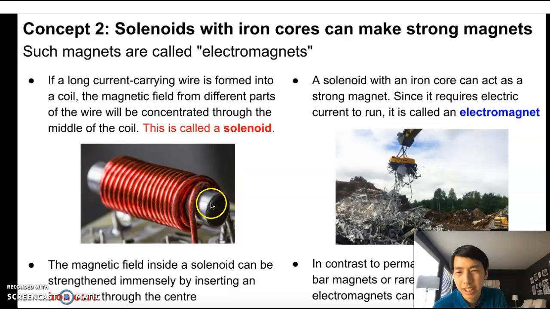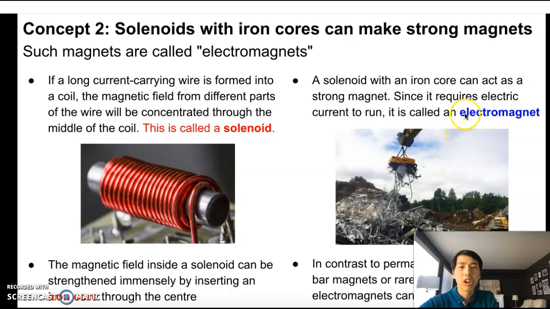So if you stick a large chunk of iron, which is shown right here, into the middle of that coil, then that piece of iron gets magnetized. And that's going to make this quite a powerful magnet together. So the coil with the iron core in it can make quite a strong magnet. And the picture on the right here shows something like that. That's picking up metal from a scrapyard.